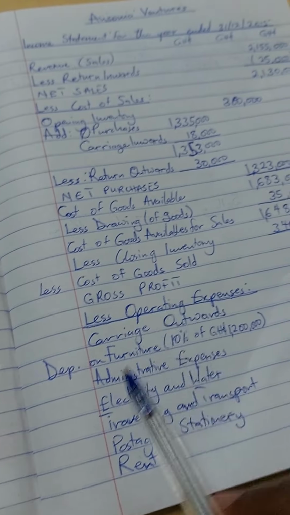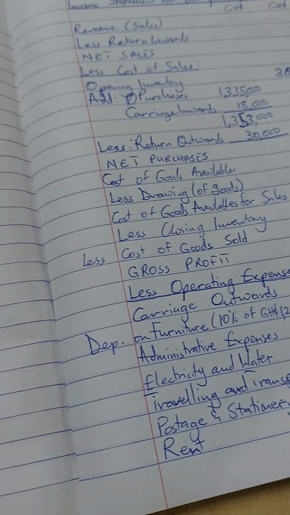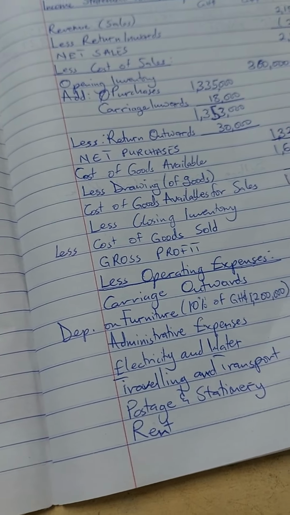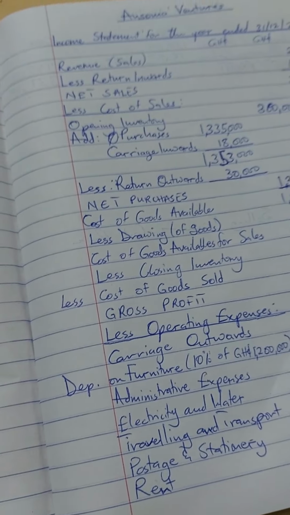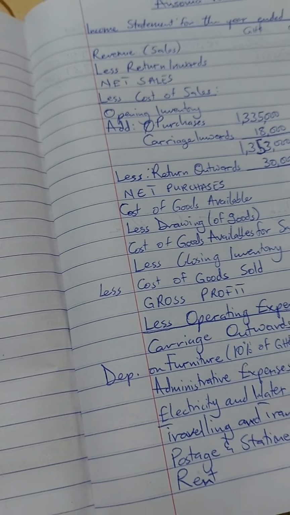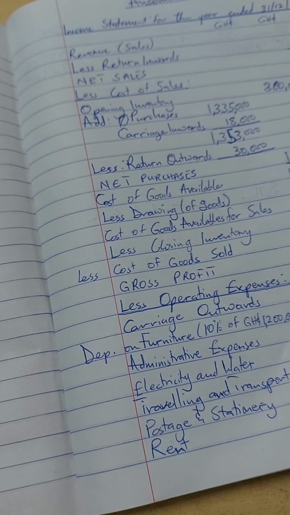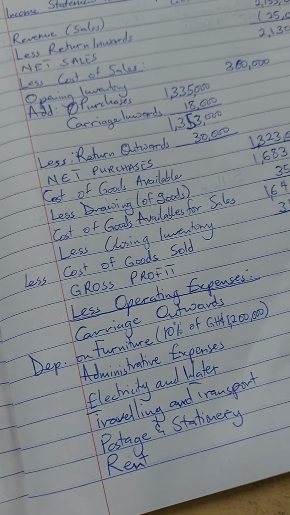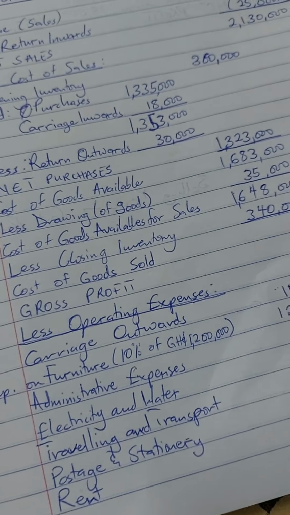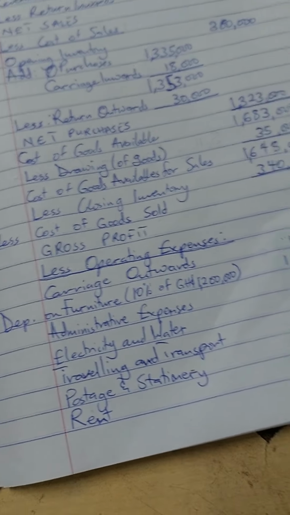You bring it here. Now, depreciation on an asset means that you have used an asset and it has lost its value. In accounting, we believe that so long as you are using an asset, you are incurring some cost. So you have to set aside some money periodically to show that you've used 10 cedis of this asset.